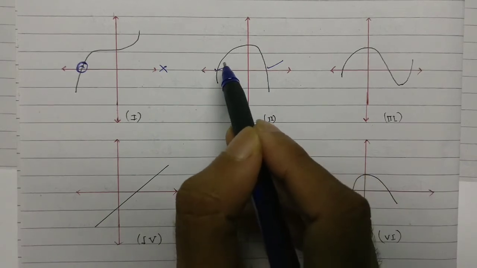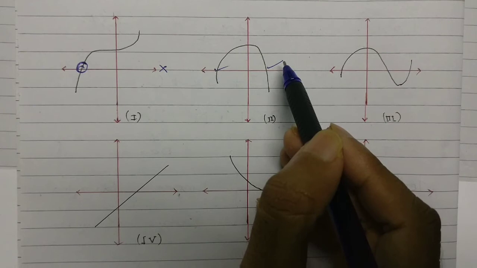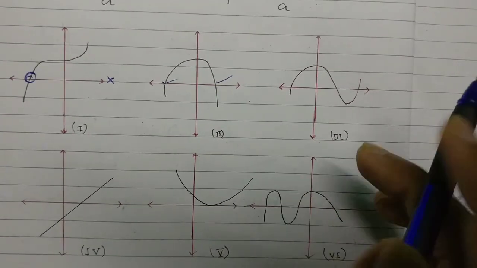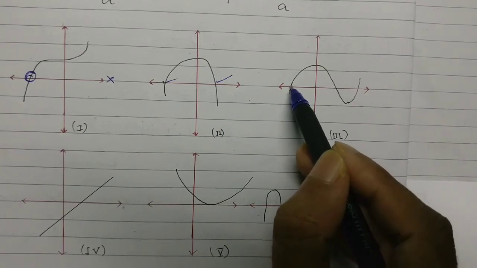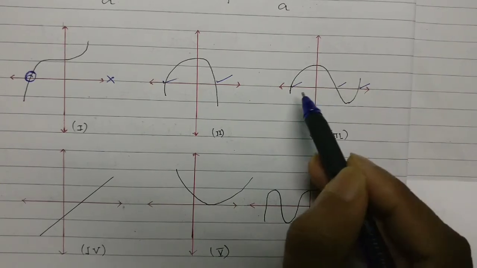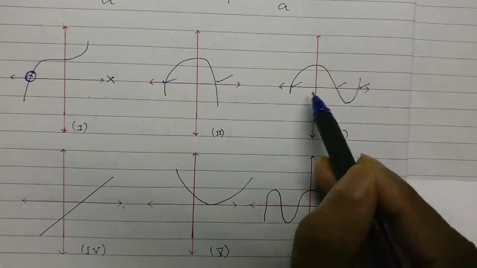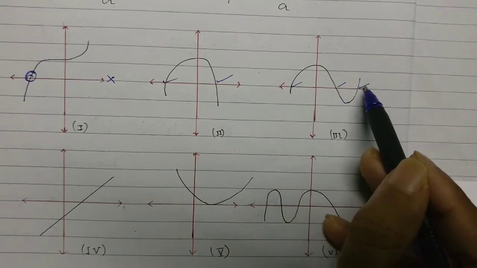I told you the highest degree of the polynomial, those many zeros are possible. Similarly, over here, it cuts the x-axis at 1, 2 and 3. So this polynomial will be called a cubic polynomial because the degree of the polynomial is 3.